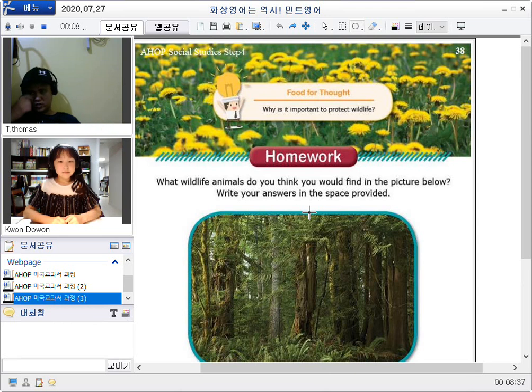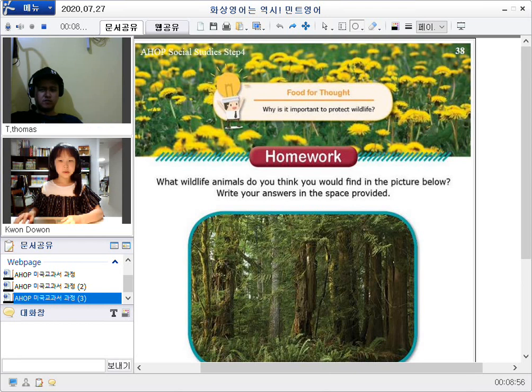Yes. I see. But which is better? Is it better for them to stay at the zoo than at the rainforest? It is better to live in the rainforest. Why is it better?